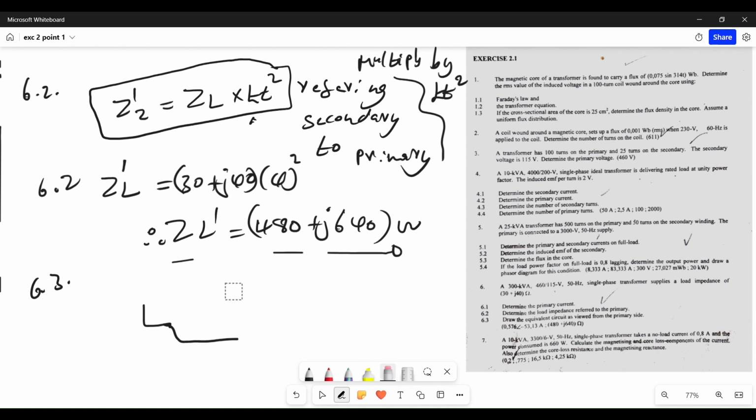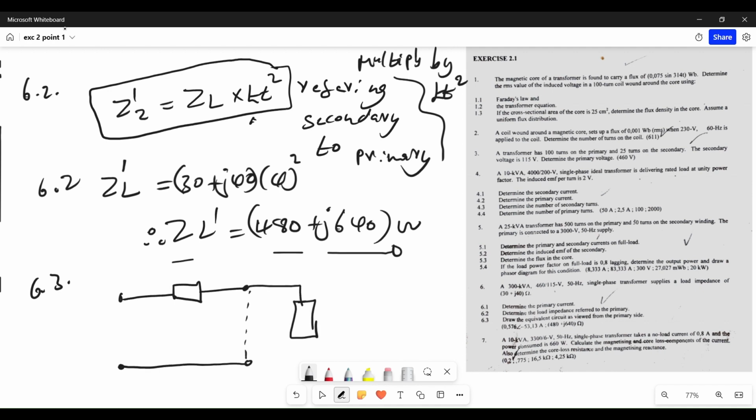Let me put it this way. I'm going to explain a lot of things, I'm going to confuse people here now. Yeah, this is how our circuit looks.